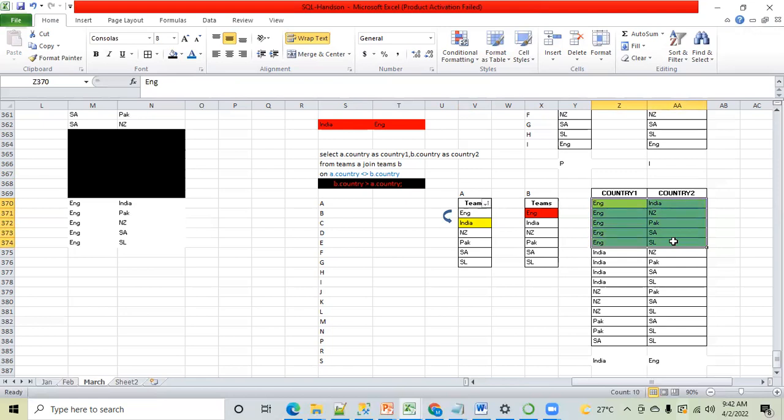But here, England with England should also be there, because we know in joins all the records are scanned. Ideally, England with England combination should also be present here, but that is not present here. Why? Because of the not equals to condition. Is this clear to everyone?